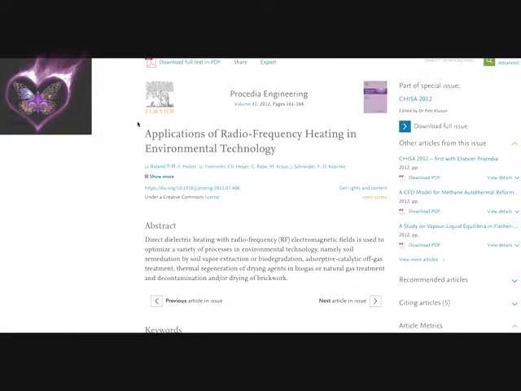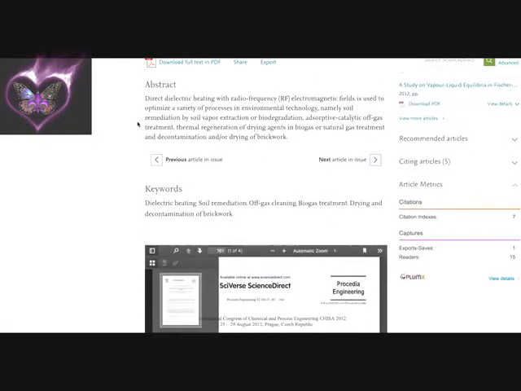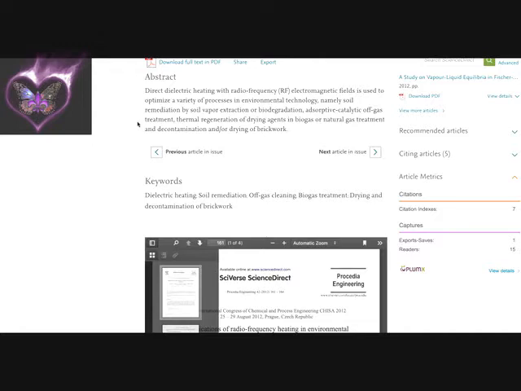Applications of radio frequency heating in environmental technology. Direct dielectric heating with radio frequency electromagnetic fields is used to optimize a variety of processes in environmental technology, namely soil remediation by soil vapor extraction or biodegradation, adsorptive, catalytic off-gas treatment, thermal regeneration of drying agents in biogas or natural gas treatment, and decontamination and or drying of brickwork.